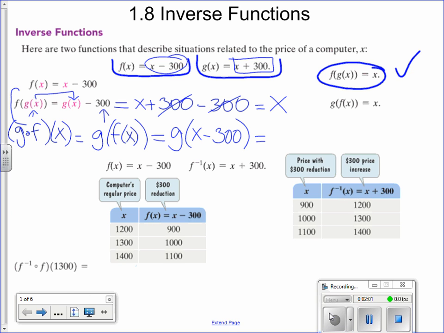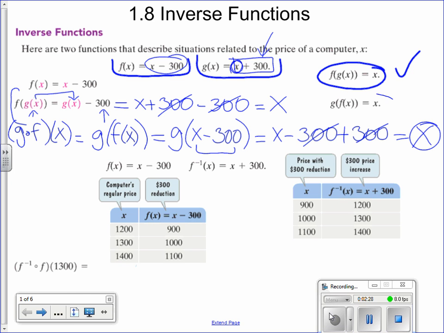and then the x that we have here for function g is going to be replaced with x minus 300, and that will be x minus 300. And let's not forget there is a plus 300 that belongs to function g. So negative 300 and 300 will cancel, or add up to 0, and the result is x.